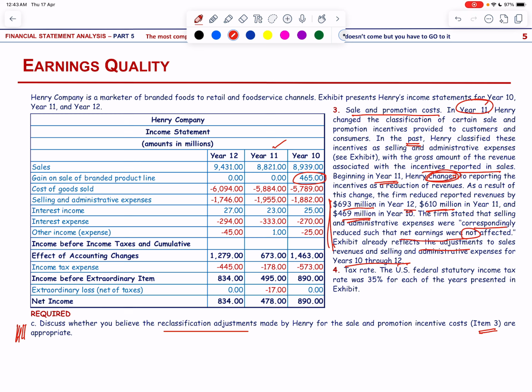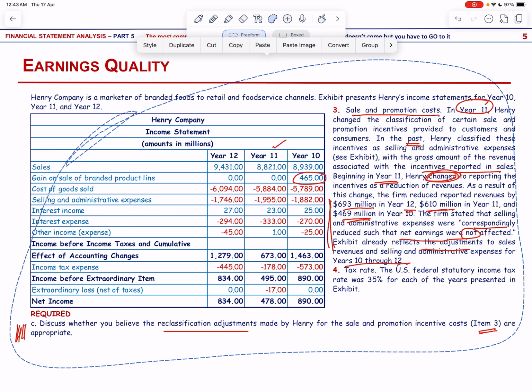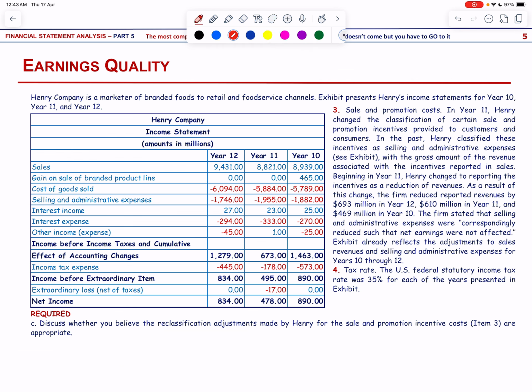Now the question is, discuss whether you believe the reclassification adjustment made by Henry for the sale and promotion incentive cost, item number 3, is appropriate. It is in year number 11 that Henry has changed the accounting for sale and promotion incentives.